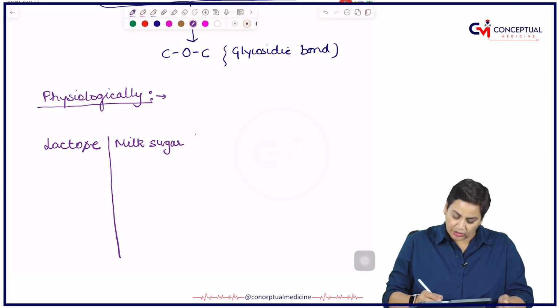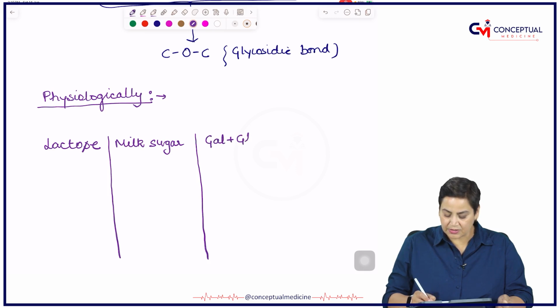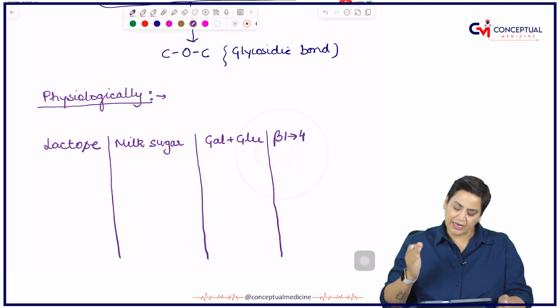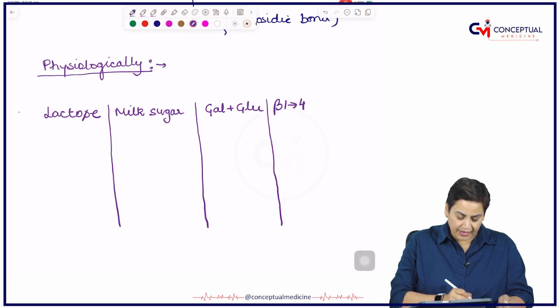The components present in lactose are galactose and glucose, and the linkage between them is beta 1,4. It comes by default that it has to be a beta 1,4 glycosidic linkage, because this linkage I have already mentioned here. So this is one very important disaccharide.